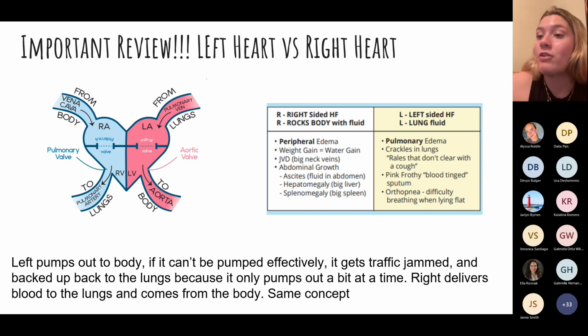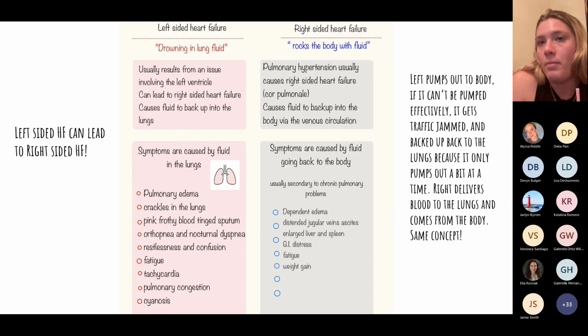It backs up wherever it came from. So if I have issues with my left side of the heart, where did it come from? The lungs. So I'm going to have lung symptoms. Whereas if I'm having issues with the right side of my heart, where did it come from? The body. So my symptoms are going to be in the body. And that's how you can kind of know both.